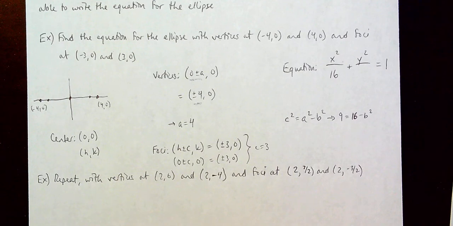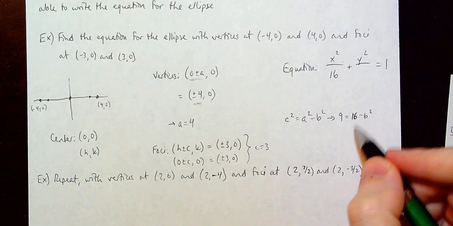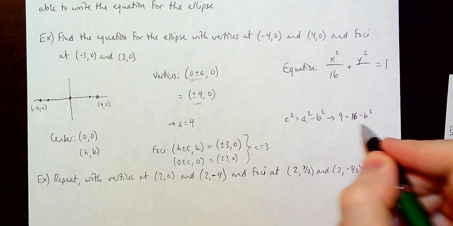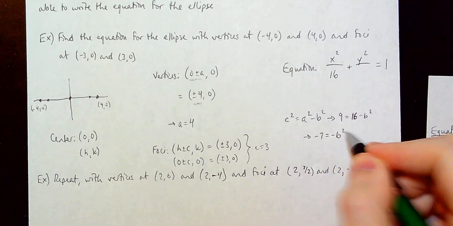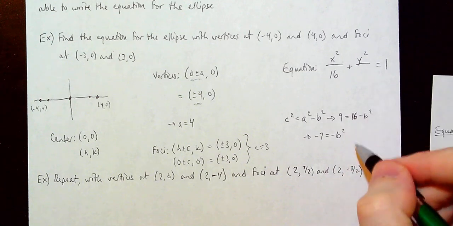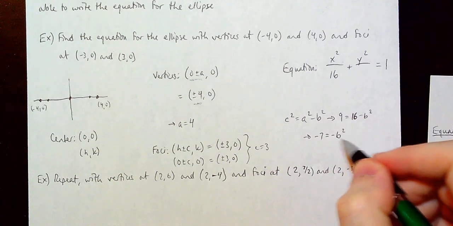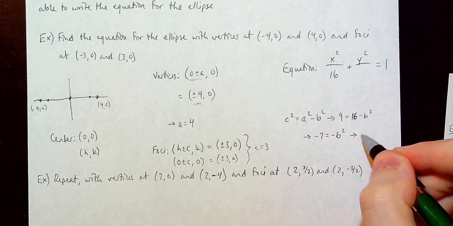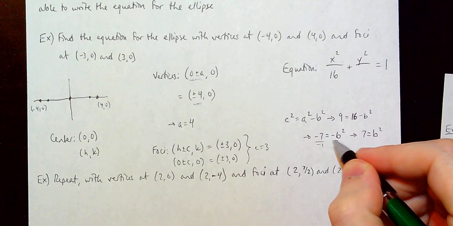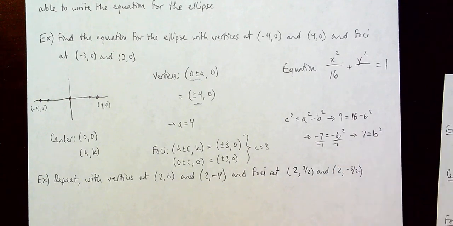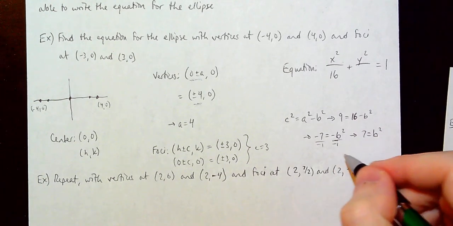Well, I want to get b all by itself when this is all said and done, so I need to get the b term all by itself on one side. I can do that by subtracting the 16 from both sides. And that gets me negative 7 equals minus b squared. I can then divide both sides by negative 1 to give me b squared is equal to 7.